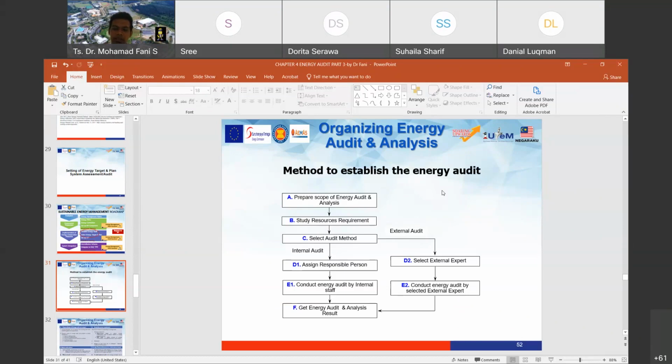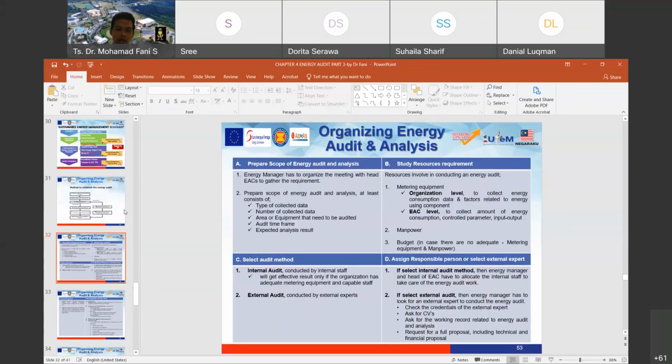What kind of systems do you need to know to get the information to analyze the consumption? You need to list all the systems required to do the energy audit.